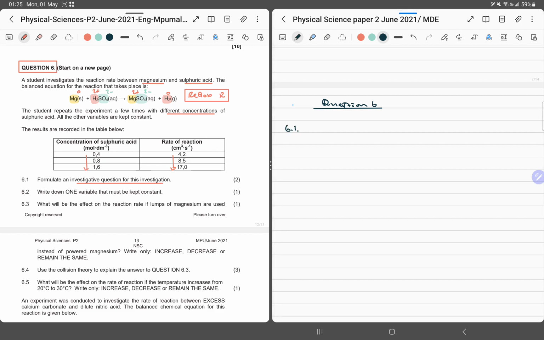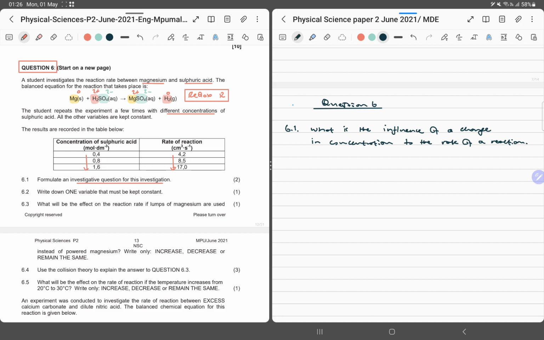So 6.1, we can just say, what is the influence of a change in concentration to the rate of a reaction?